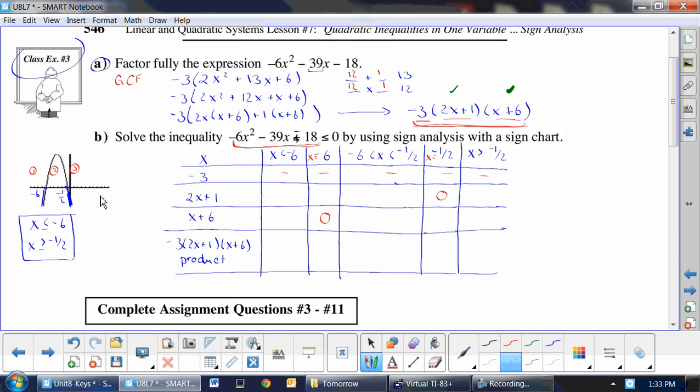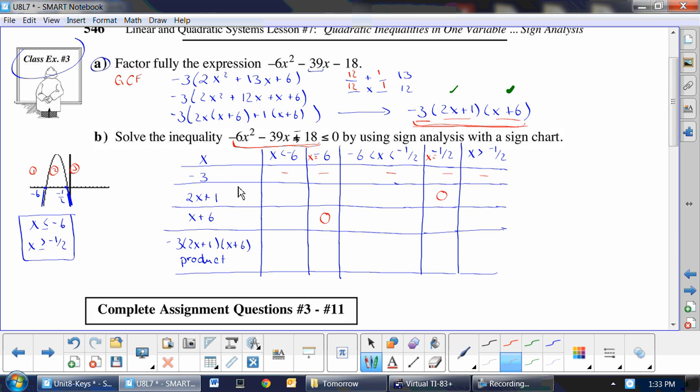Okay? So what we have here is our 3 factors, and we're saying, what is it when x is less than -6? What is it when x is equal to -6? What is it when x is between the 2? What is it when x is -1/2? And what is it when x is greater than -1/2? With -3, there's no x in that factor, so we know it's going to be negative all the way across.